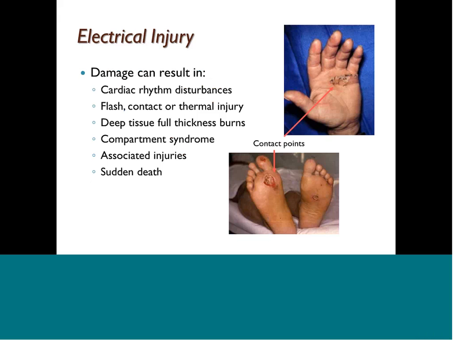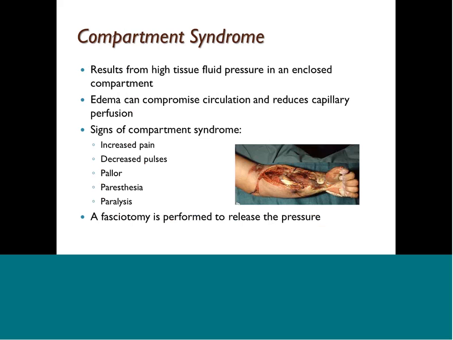When we talk about electrical injuries, you can have contact points, and that's where the electricity maybe entered or exited the body. You're going to have most damage in that area, but there's a lot of damage to the areas that you cannot see, because the electricity passes through the body as it goes through bones, muscles, etc. Energy will pick up and it results in more damage.